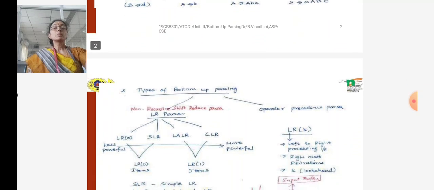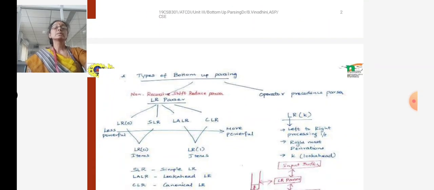The types of bottom-up parsing are the non-recursive shift-reduce parser and the operator precedence parser. The non-recursive shift-reduce parser is called an LR parser. The LR parser is classified into four types: LR(0), SLR, which is the simple LR parser, the look-ahead LR parser, and the canonical LR parser.